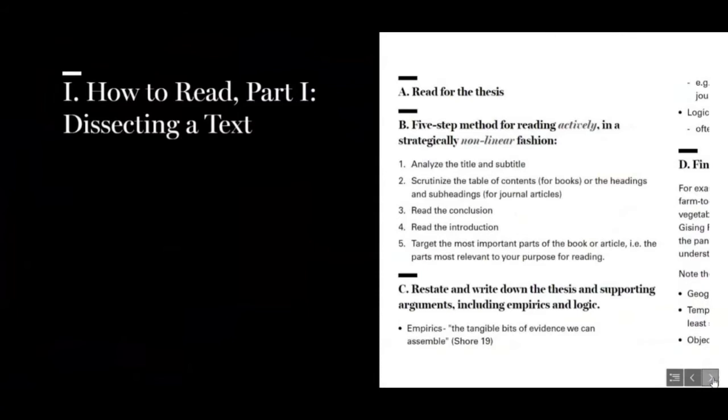Zachary Shore's next recommendation for reading actively is an exercise in paraphrasing the information that you are absorbing or consuming. So again, the purpose of active reading is to make you not passive consumers of information.